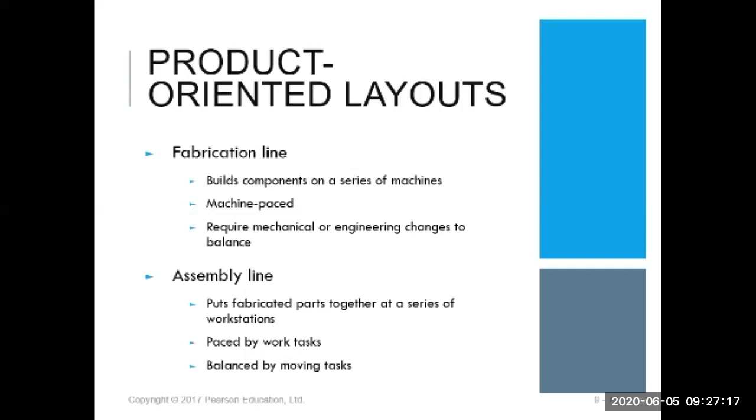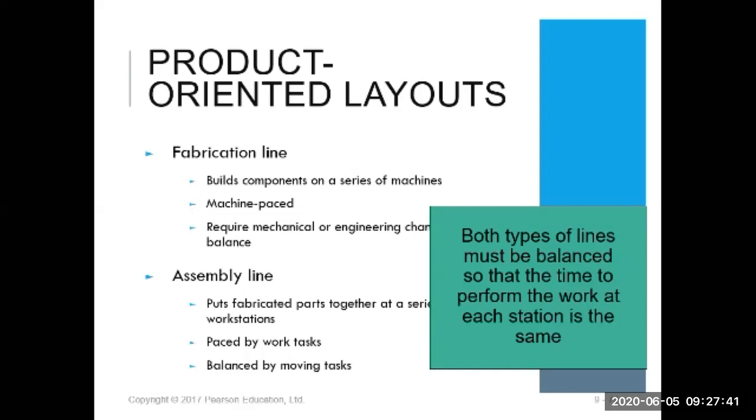You need to adjust the machine to make sure the balance between process 1, 2, 3 is the same. But in assembly lines, because the pace is by work task, the balance depends on how you move from one task to another.